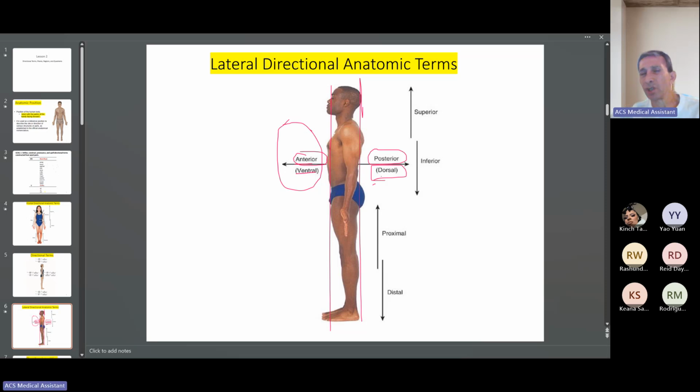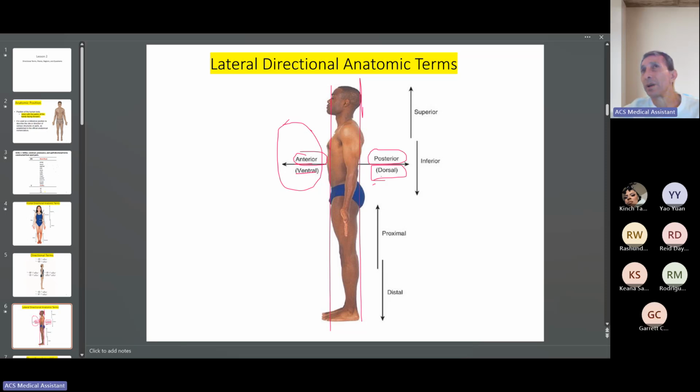Likewise, you do the same with the posterior. The patient is complaining about back pain. What is the patient complaining of? Posterior pain, dorsal pain. See, that's how these questions are built. Because when patients come to our office, they don't say, "I have pain in the anterior part of my chest."